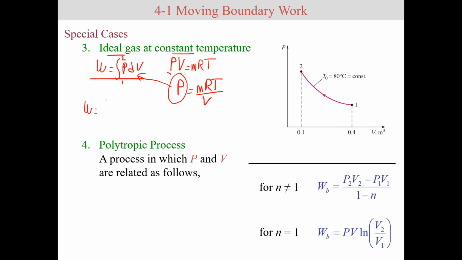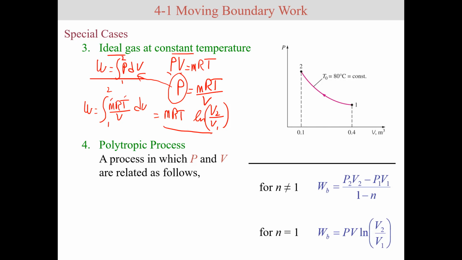I end up getting work is equal to the integral of mRT over volume, dV, from state 1 to state 2. Well, temperature is constant because it's a constant temperature process. Mass is constant because we'll assume it to be a closed system. So I end up with the work done on an ideal gas during a constant temperature process is mRT natural log V2 over V1.